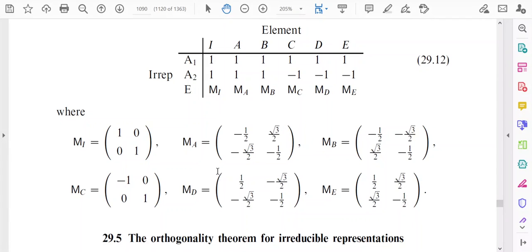So in this way, for the symmetry group of the equilateral triangle, there are 3 irreducible representations, and we have already discussed what we mean by reducible representation and irreducible representation. We have obtained 3 different types of irreducible representations, and they are written in this particular format of the table.